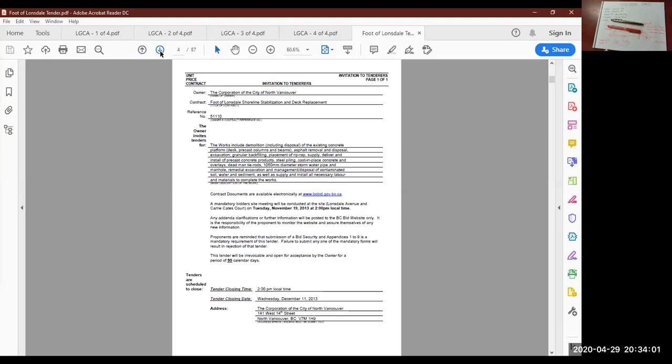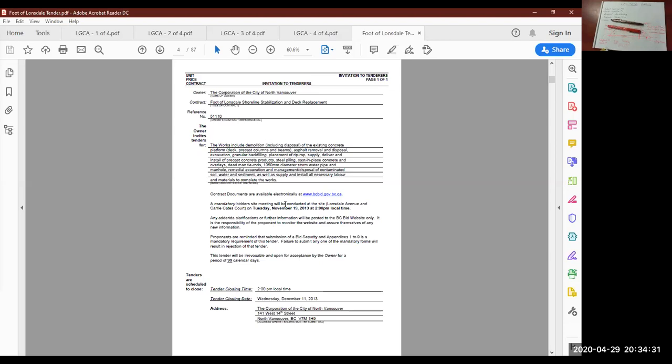So this is the invitation to tender. So it shows things like who the owner is, what the official name of the contract is. It gives a general scope of work here. It tells you that the tender documents can be downloaded off of this website. So that's a typical place to find tender documents, BC Bid.